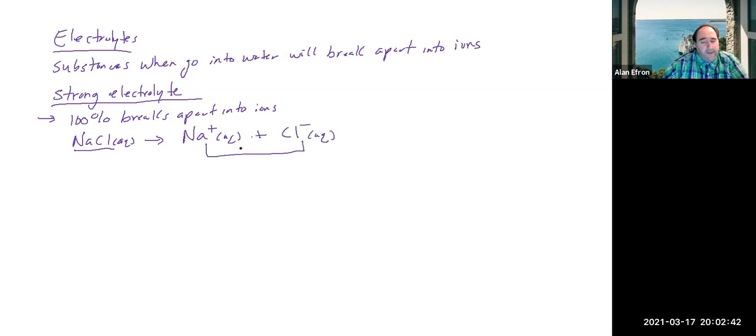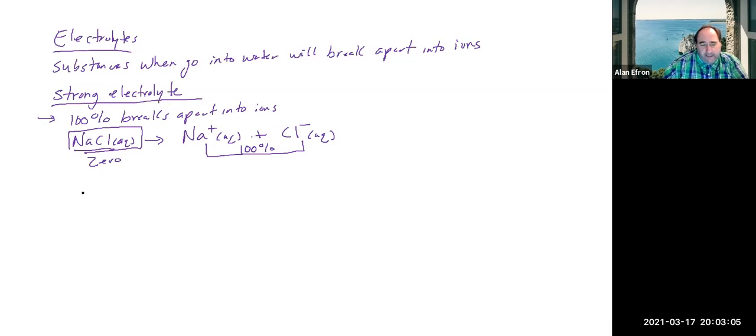So 100% of what you have in a strong electrolyte solution of sodium chloride is those ions floating around. You have absolutely zero of these guys floating around in an actual solution of sodium chloride. That's what you have going on once it's been dissolved.